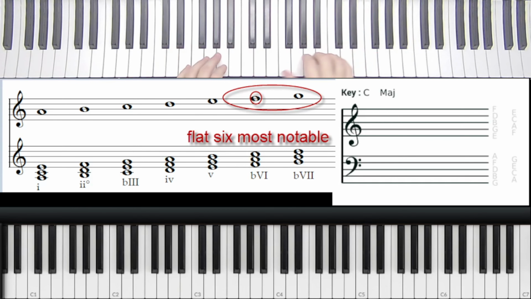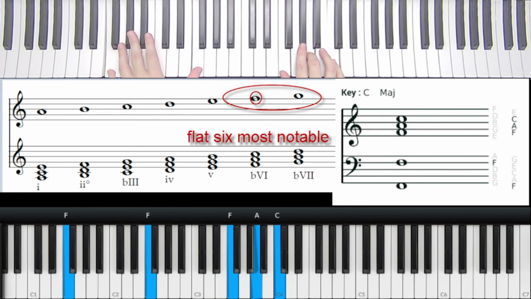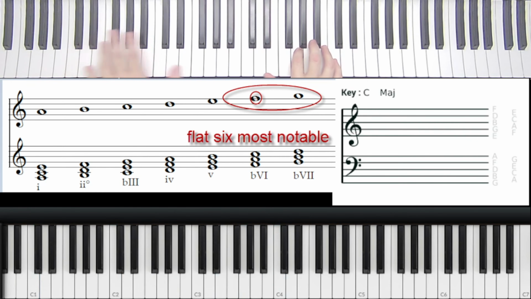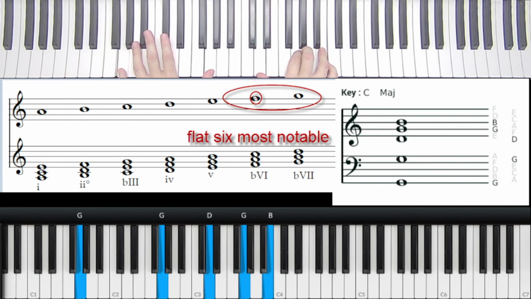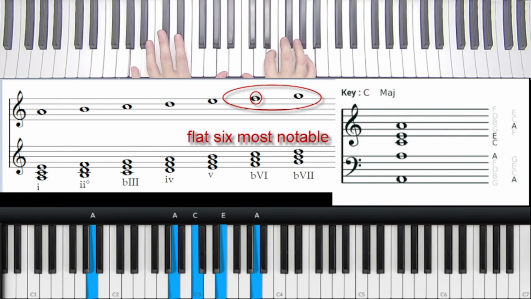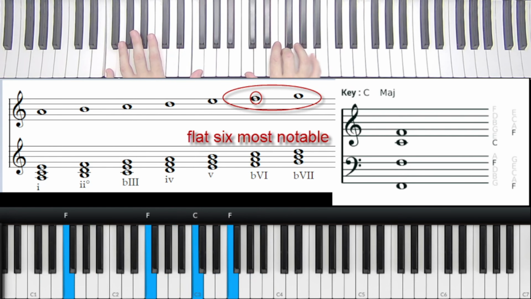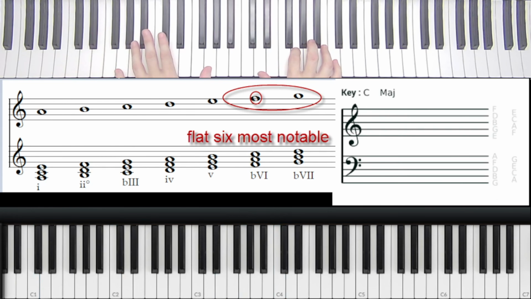In the realm of complete predictability, the 1, 6, 3, 7 is a super common pop and rock chord progression. You have to be really careful with this one because it's very predictable.